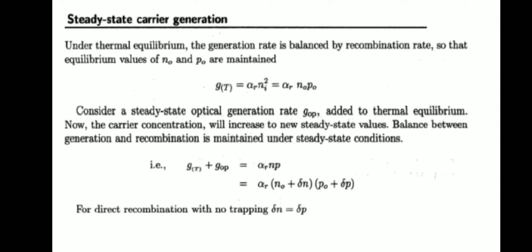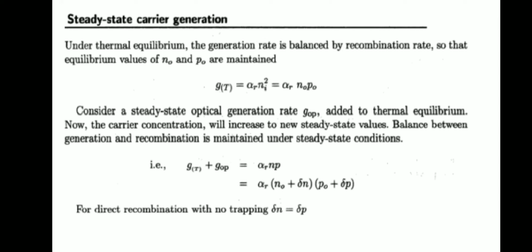So we can write the total generation rate, that means generation due to thermal energy plus the generation due to optical energy, that is GT plus GOP equal to alpha NP, where N is the total number of electrons now in the crystal and P is the total number of holes now in the crystal due to this thermal equilibrium as well as this optical energy. So we can say that G of T plus G of OP equal to alpha NP.